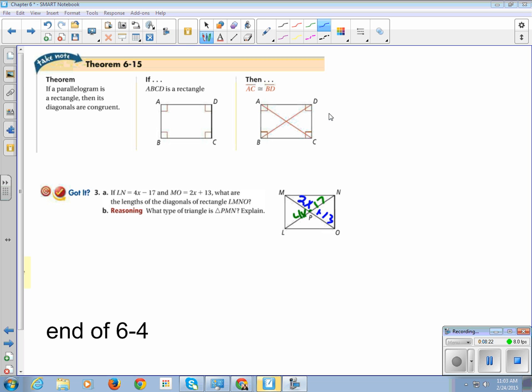So we are going to solve for x by setting these two pieces of information equal to each other. Because the diagonals are congruent, we set them equal to each other. We solve for x.